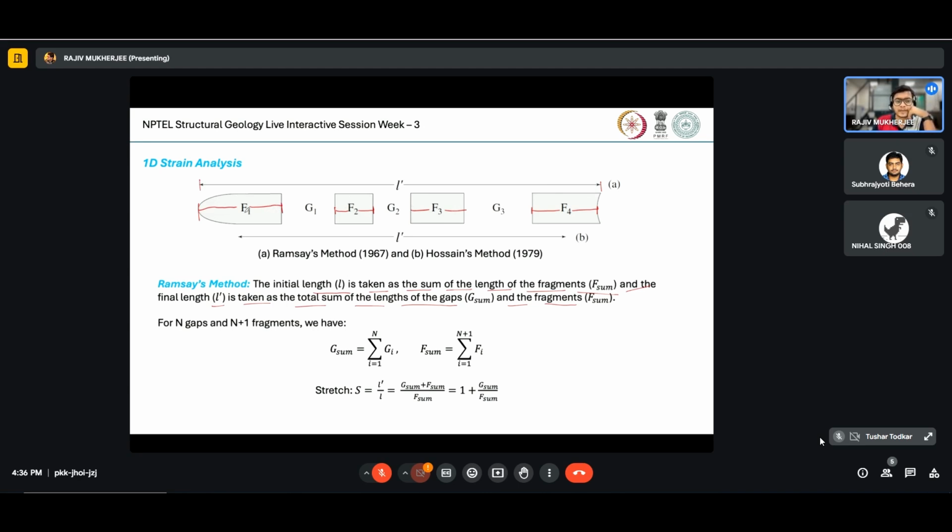Now, according to Ramsey's method, if we follow that, there are 3 gaps and for that we have 4 segments.